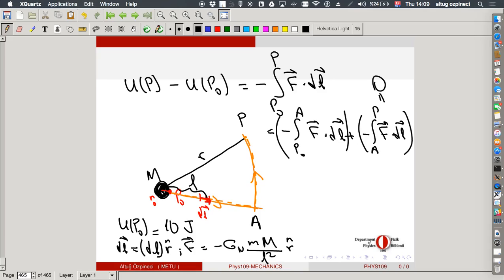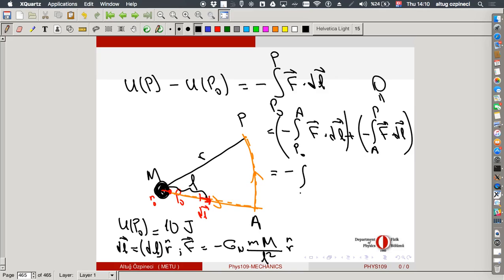Let's say that this point is at a distance L from the center. So the force acting on my very small mass when it is over here is minus G m M over L squared in the radial direction. I know that the force is in the direction opposite to the radially outward direction, which is this r hat. L is the distance.